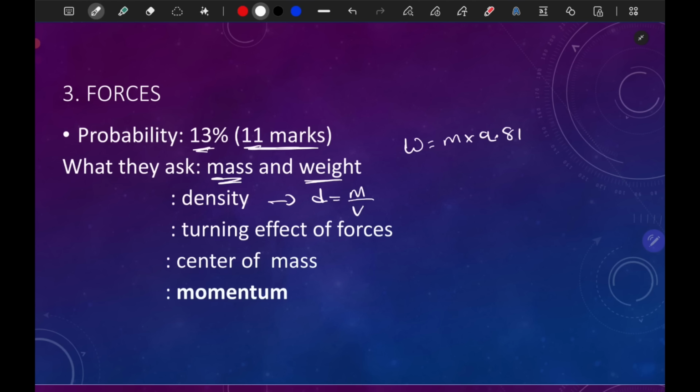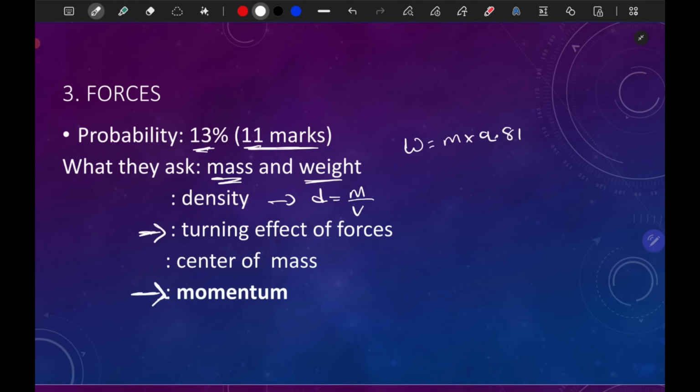The two common ones are turning effect of forces and momentum. Momentum, I've seen this come up multiple times, and this is probably one of the hardest force questions that I've seen in a while. So there's gonna be questions about momentum.